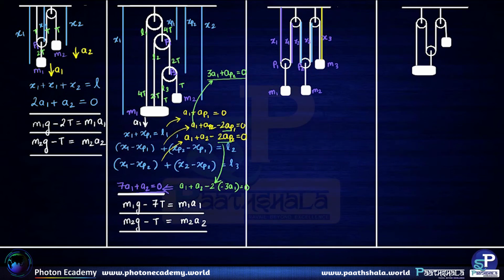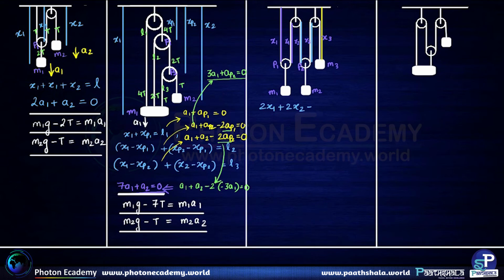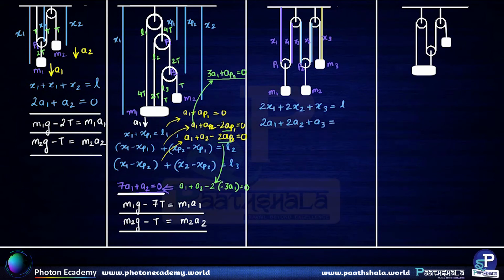So we can write down the equation for the length of the string to be constant, and we would get 2 times x1 plus 2 times x2 plus x3 is equal to the length of the string, which happens to be constant. On double differentiating this equation, we get 2 times a1 plus 2 times a2 plus a3 equal to 0. So this is our first equation.